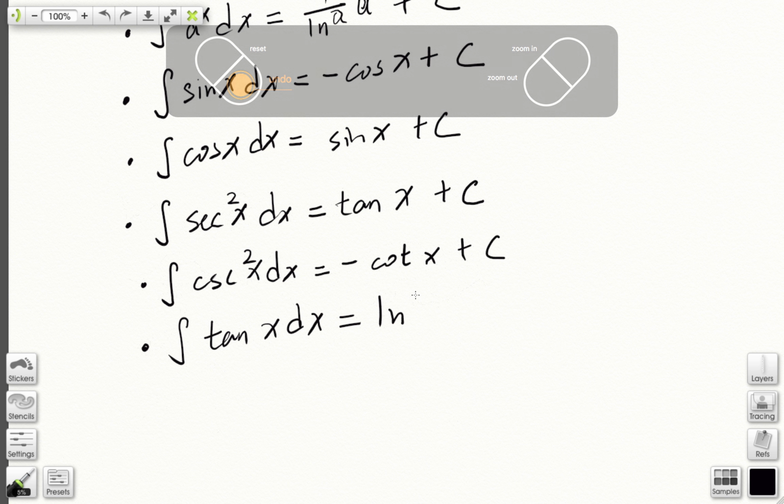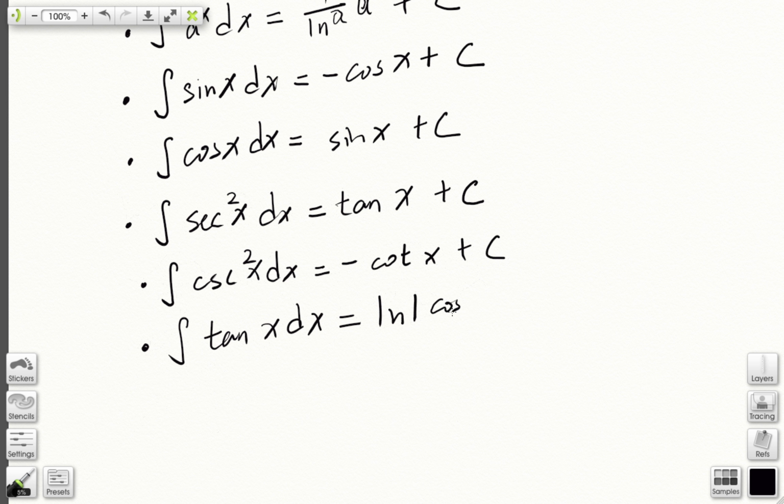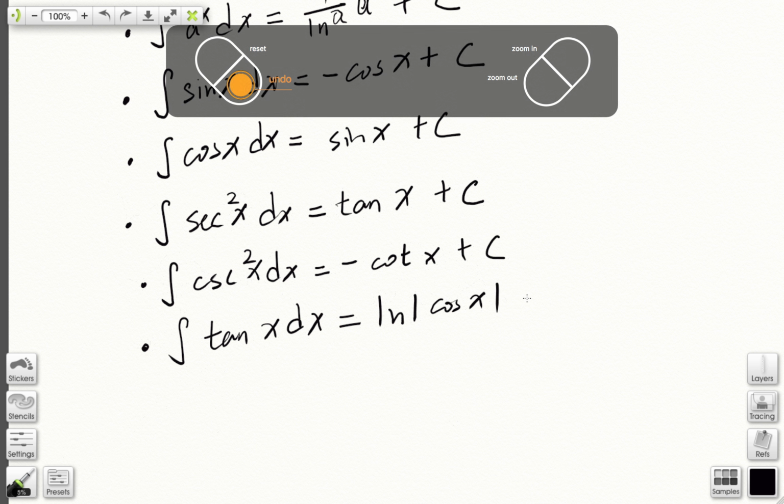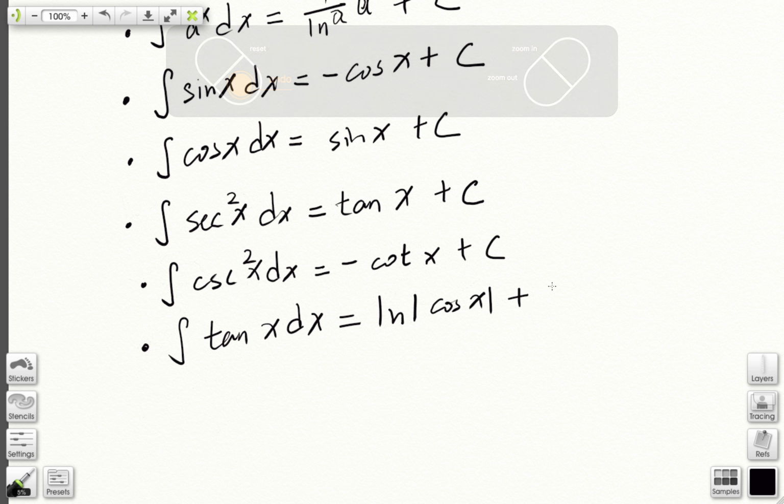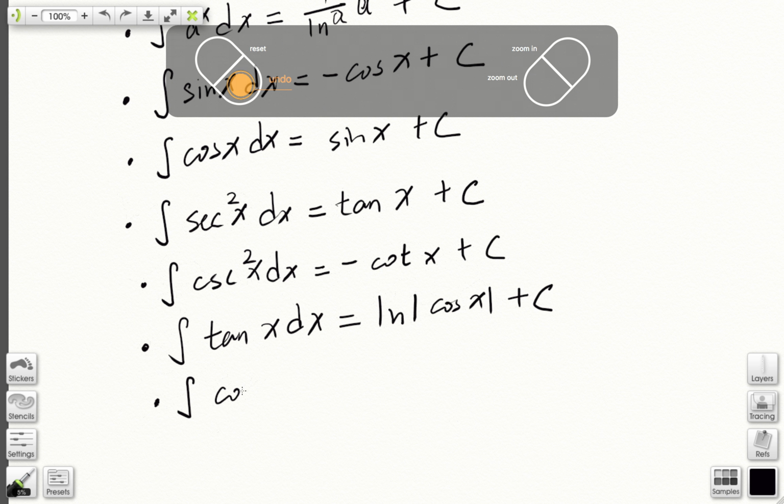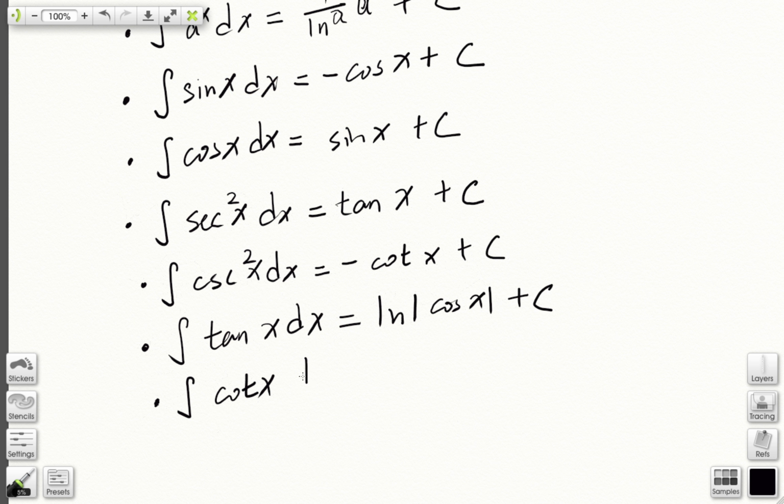This should be minus ln of cosine of x plus a constant c, and the integral of cotangent of x dx equals ln of sine of x plus a constant c.